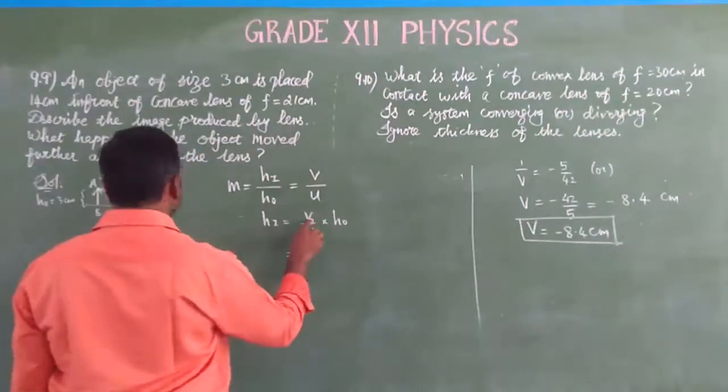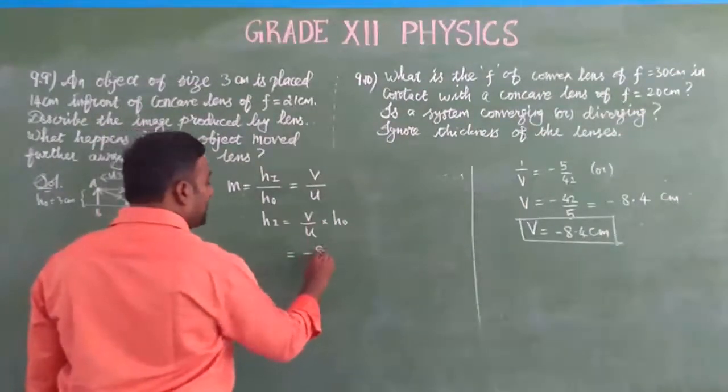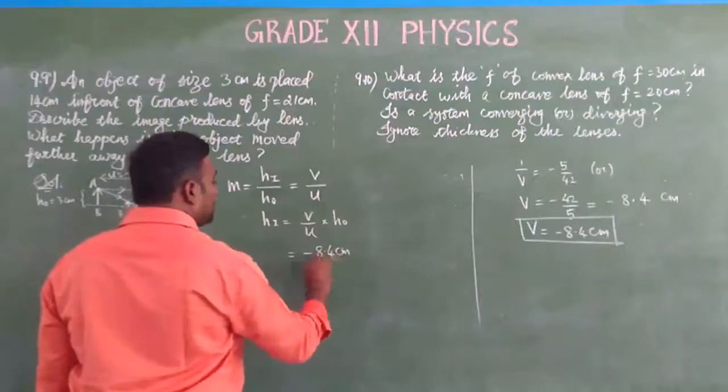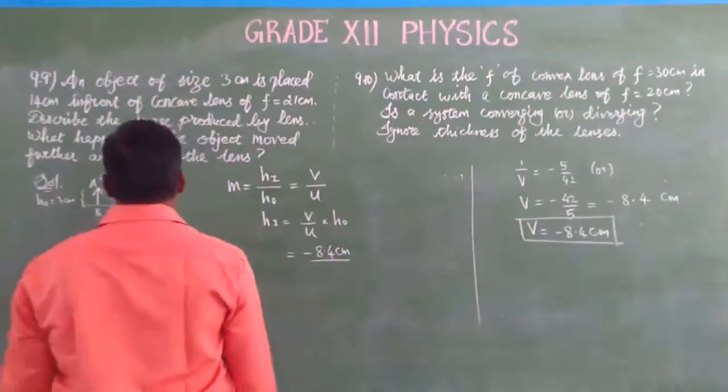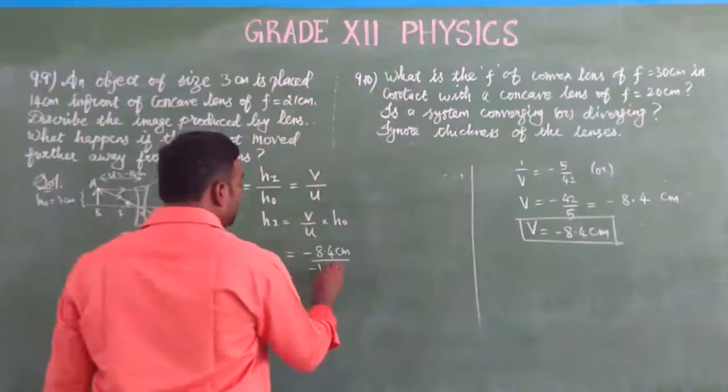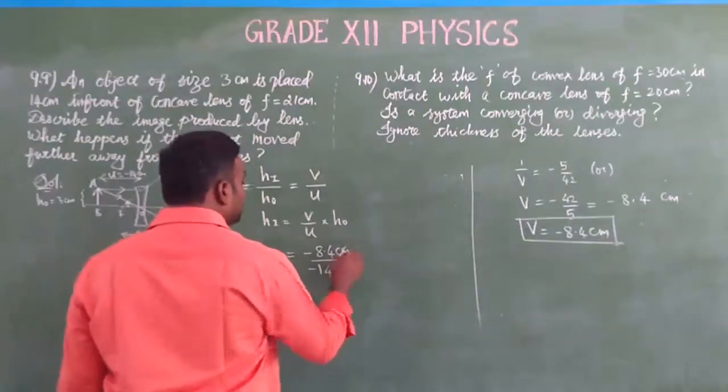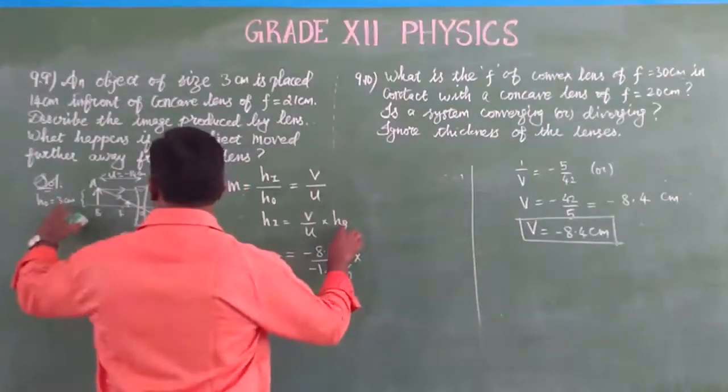What is the image distance? It is minus 8.4 millimeter, divided by the object distance, which is minus 14 millimeter. So the units get cancelled. The height of the object is 6 millimeter.